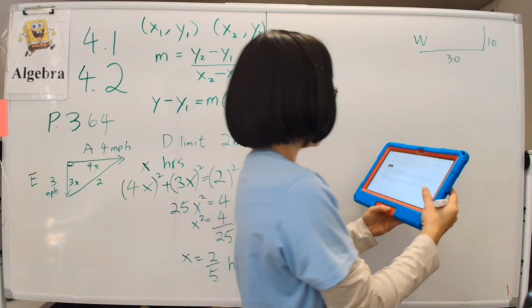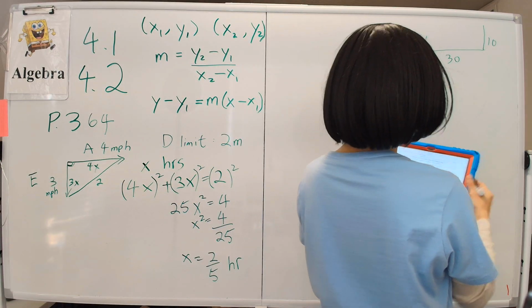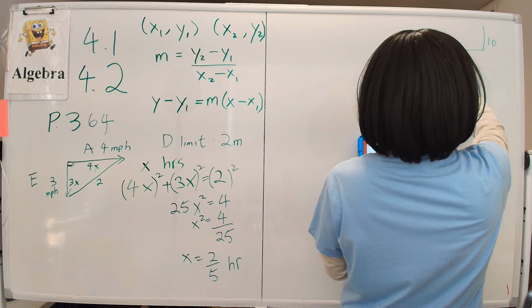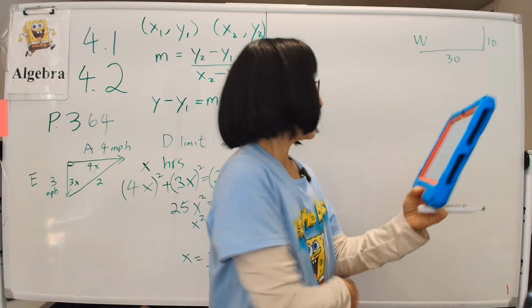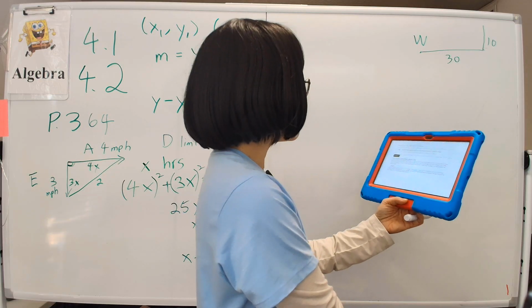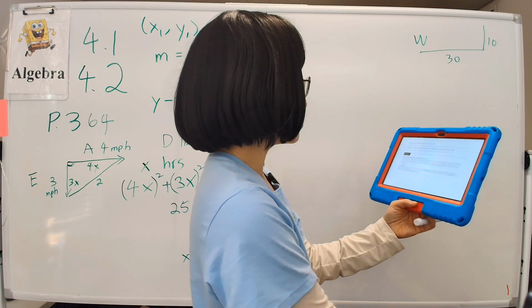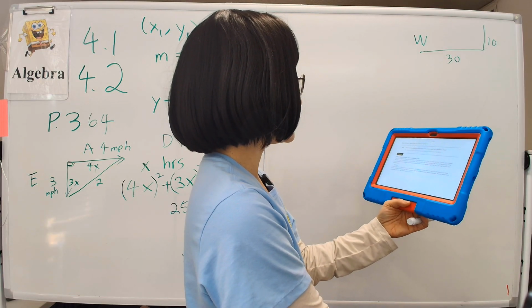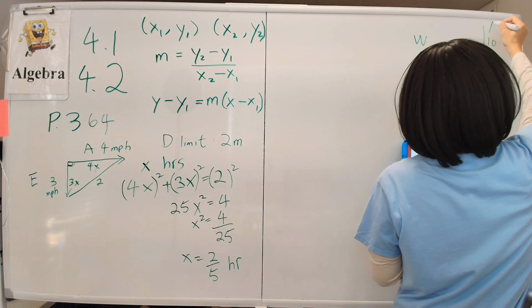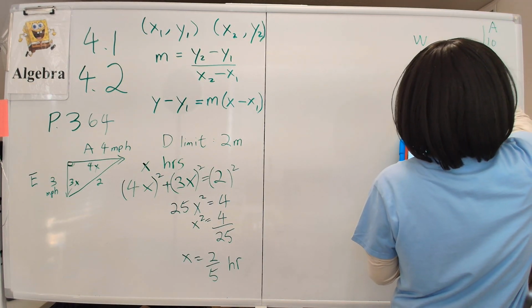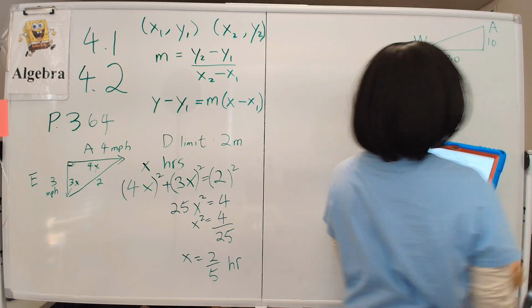Partway down this road, it junctions with a second road perpendicular to the first, leading to the town of Eastboro. There is a straight road leading from the town of Westboro to the other town, 30 miles east and 10 miles north. So town W to town A is a straight line, so we'll draw it that way.